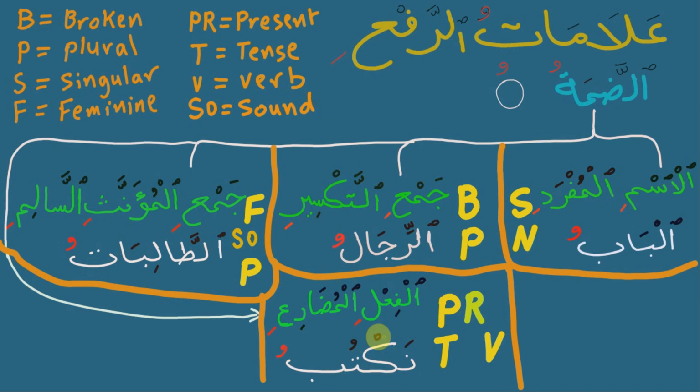Naktubu. We covered the first form of the verb, the present tense. The first letter of the present tense, the past tense is silence, nak, no movements. Then the second letter of the basic form takes the u. We will look at that again in a second. So naktubu, you see that u there.